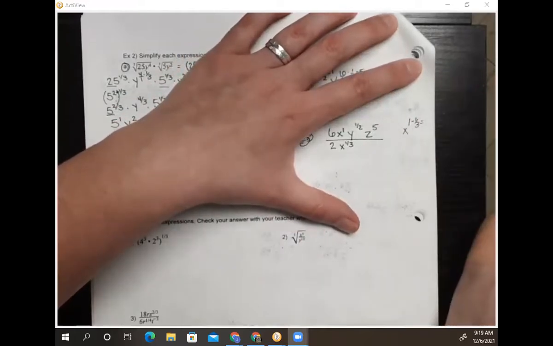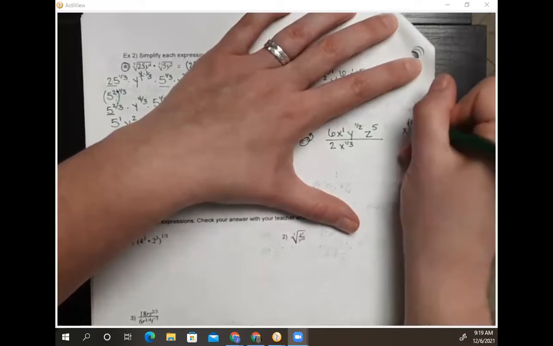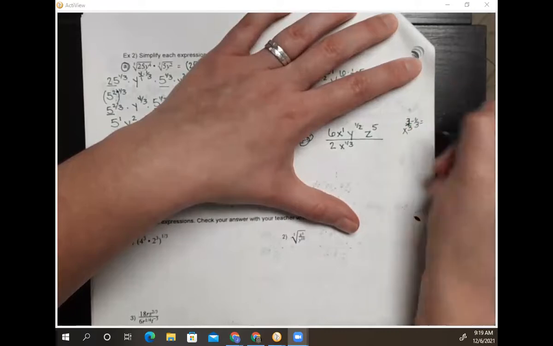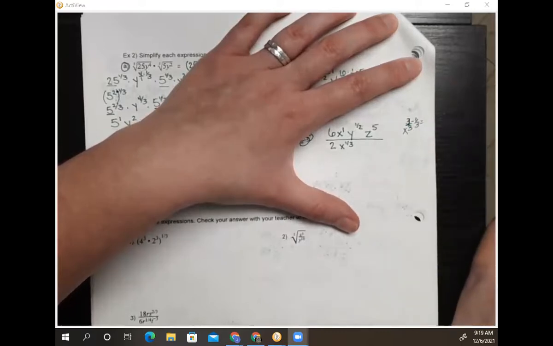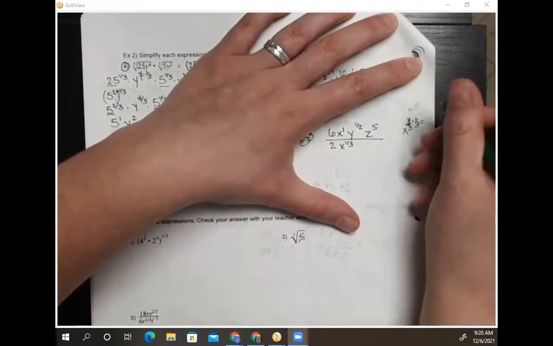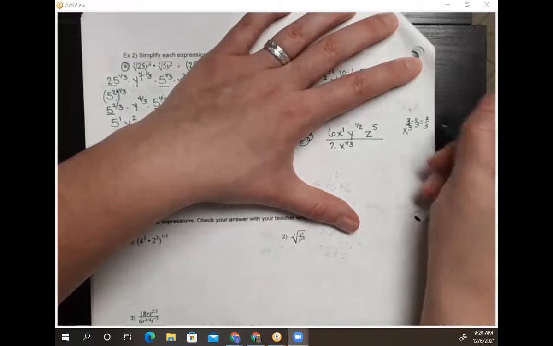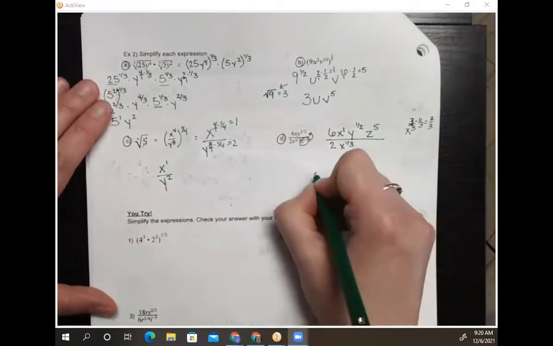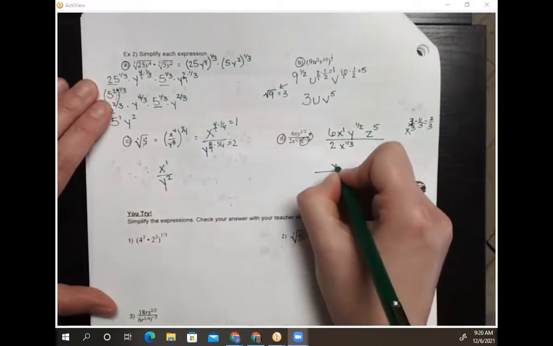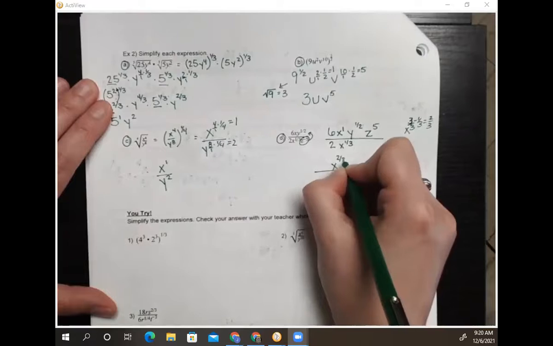What is 1 minus 1/3? 2/3, yep. If you need to get common denominators here, 1 minus a fractional part, usually we can handle without getting those common denominators. But if it was something goofy, get your common denominators, and then we would have 2/3. So on top, I would have x to the 2/3.